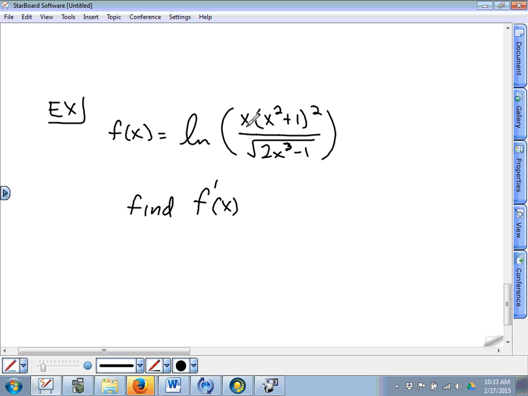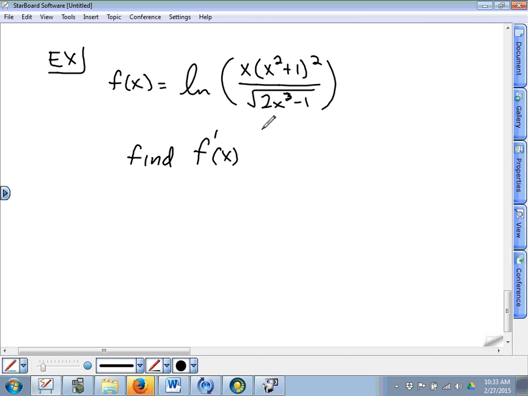If we can expand this into separate logarithms, it's going to be much easier to take the derivative. So before even bothering with the derivative, expand this natural logarithm into multiple logarithms. We're not even taking a derivative yet. We're just going to expand this, using those basic properties of logarithms we talked about at the beginning.